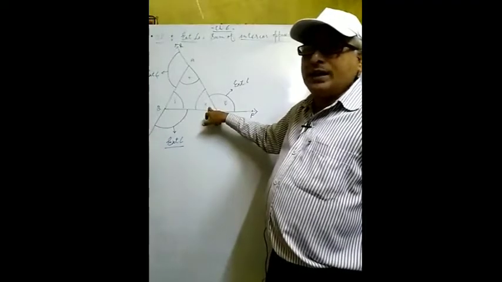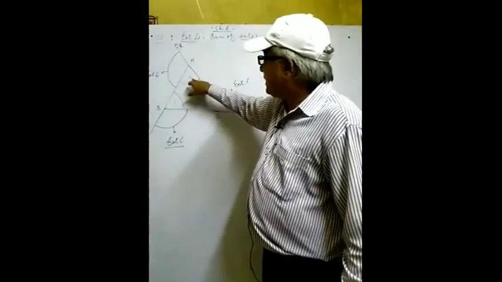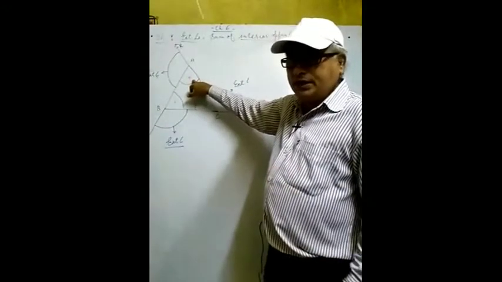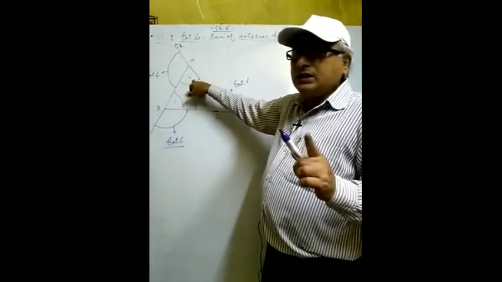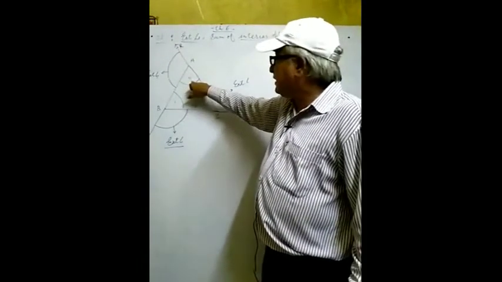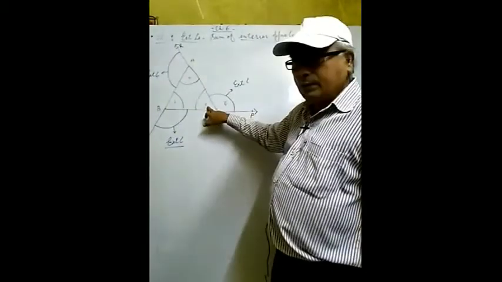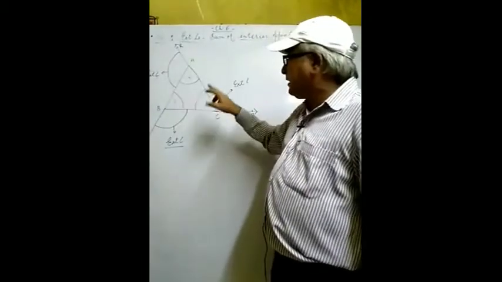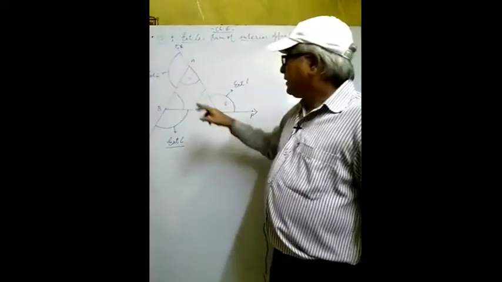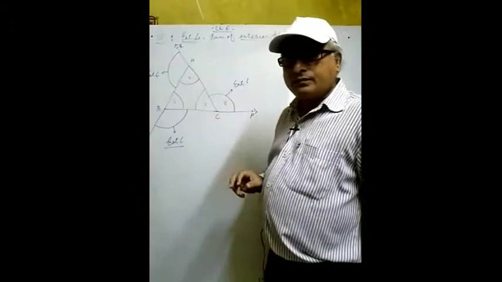So how do you identify? How can you trace it? Just the adjacent angle will be removed from the mind. Three interior angles are there, and the adjacent interior angle is removed, so still two interior angles are remaining. These two remaining angles will be called interior opposite angles for this exterior angle.